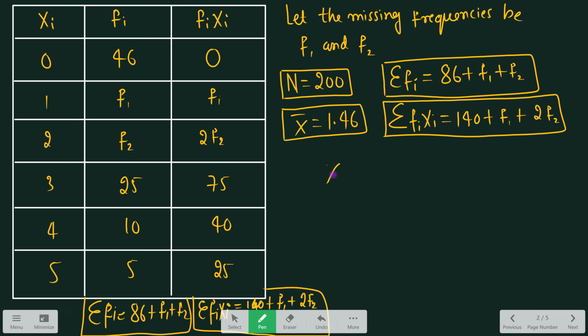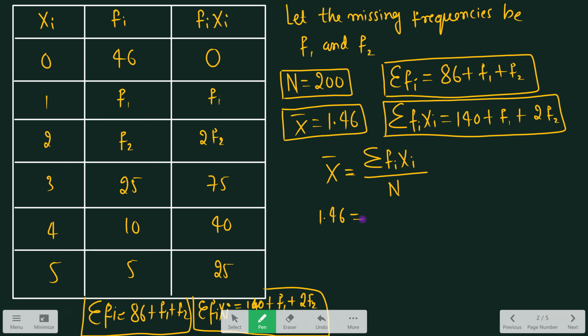We know the formula to find mean by direct method is x bar is equal to sigma Fi Xi divided by n. So what is the mean? It is going to be given 1.46.